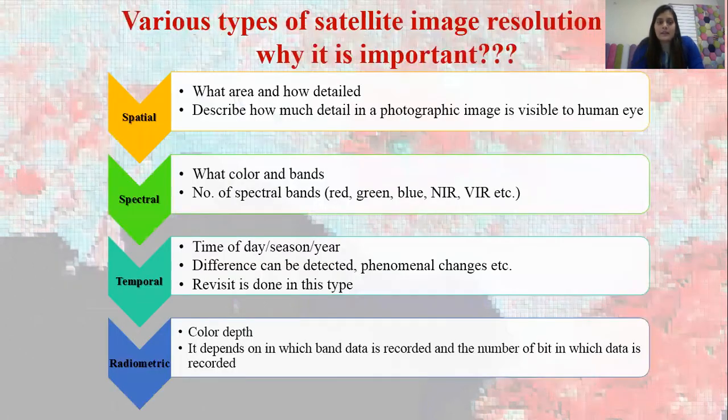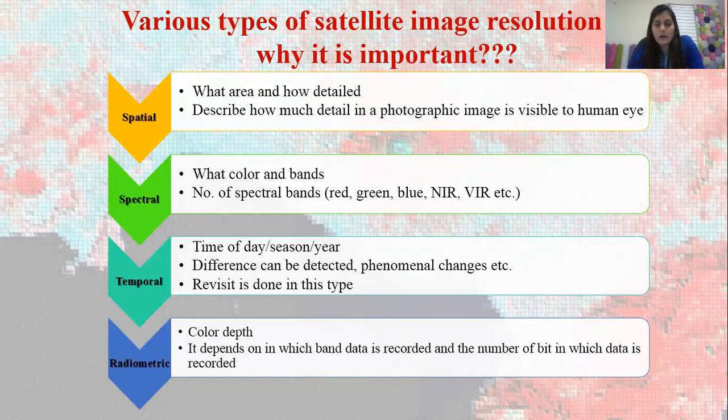Now next, various types of satellite image resolution. Why is it important? This is very important to understand. First is spatial, spectral, temporal, and radiometric. Here in this module, I will not brief you much about it, but you should know it, because we have studied the sensors, the satellite, and the specifications.